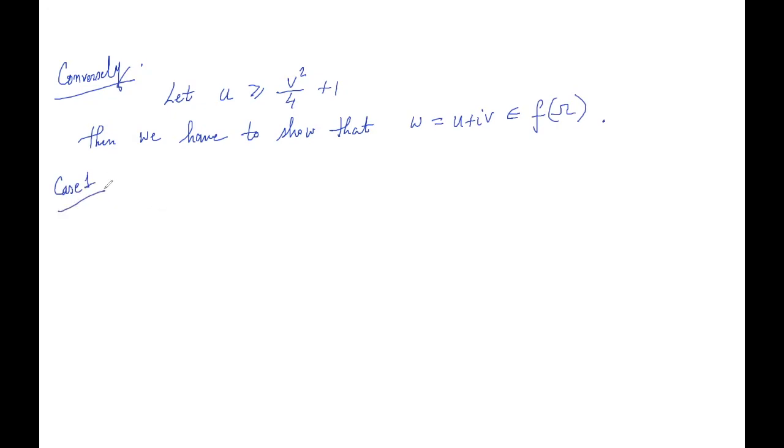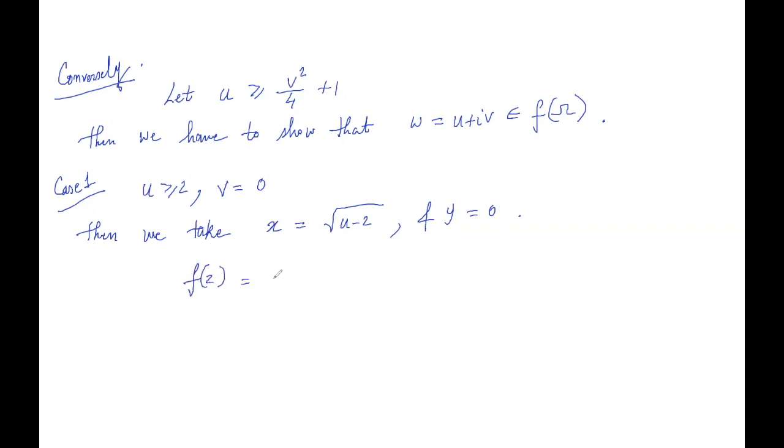This is case 1, where I choose u to be greater than or equal to 2 and v to be equal to 0, and then we take x to be equal to root over u minus 2 and y to be equal to 0. And so you see that f of z is nothing but u, which is equal to u plus iv, as v is 0, and that is equal to w.